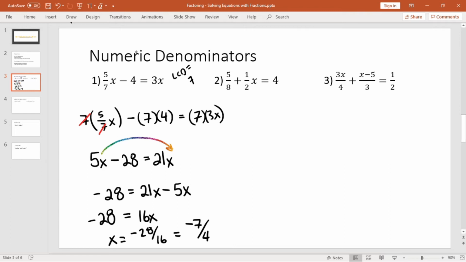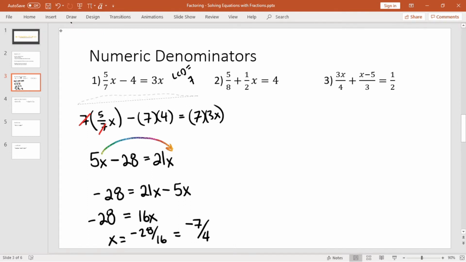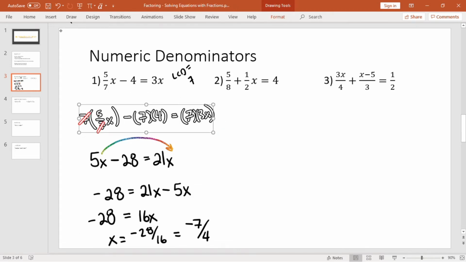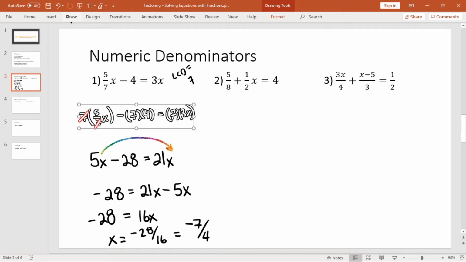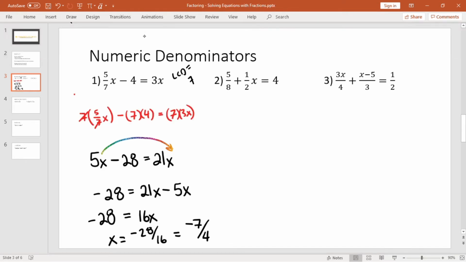Okay, looking at number 2, and I'm actually going to just resize this and get it out of my way. Okay. So at number 2, I see my denominators are 8 and 2, so my LCD is 8, because 2 can go into 8, and I'm going to do the same thing again.